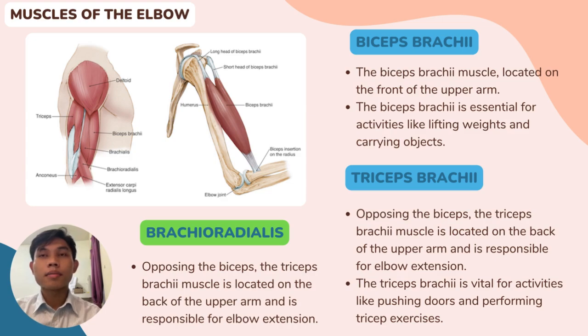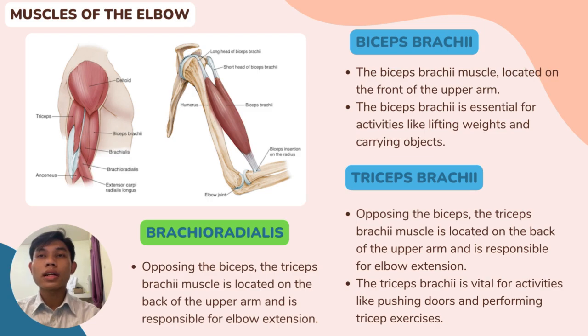The other muscle is the brachioradialis. The brachioradialis muscle, located on the forearm, assists in elbow flexion and forearm pronation. It also plays a role in various daily activities such as hammering, lifting, and gripping objects.